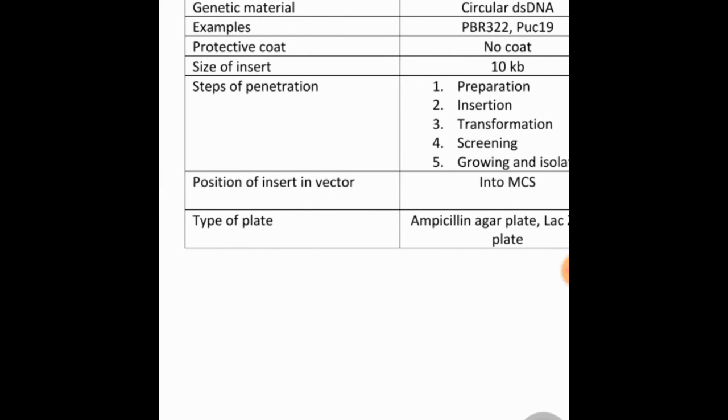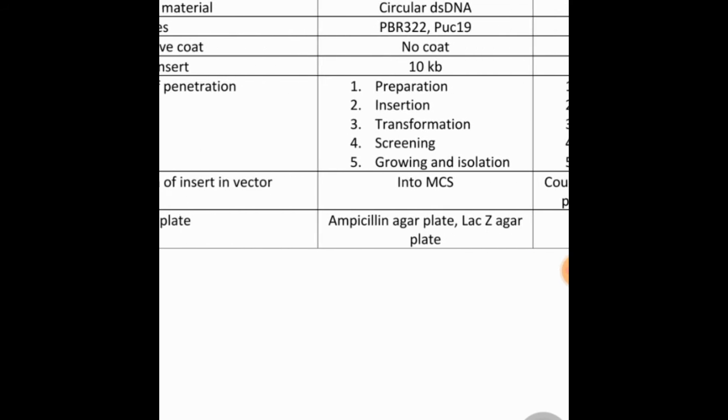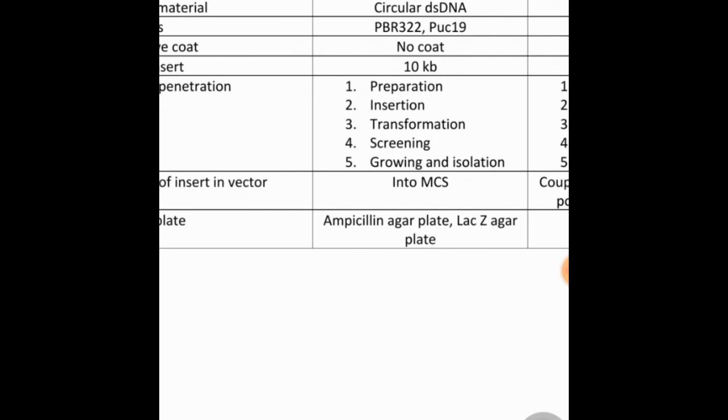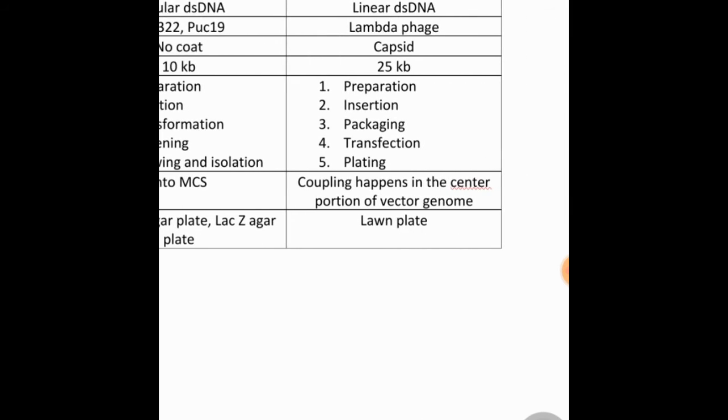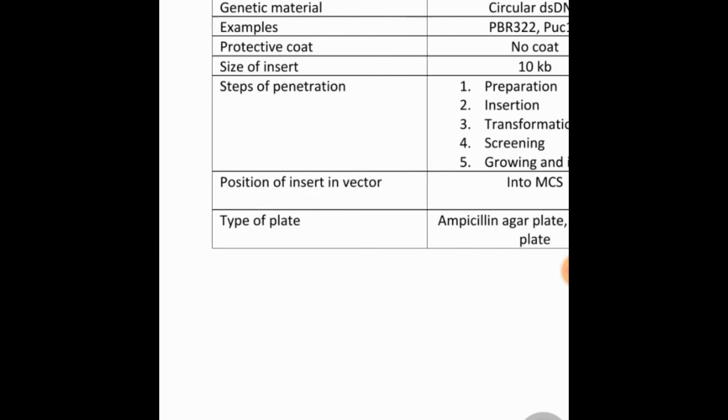As for the position of insert in vector, for plasmid vectors, the insert is inserted into the multiple cloning sites. Within the multiple cloning sites, there are a lot of restriction sites. As for lambda vector, the coupling between lambda and the inserts happens in the center portion of the vector genome.